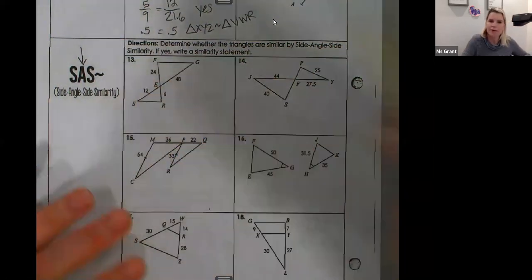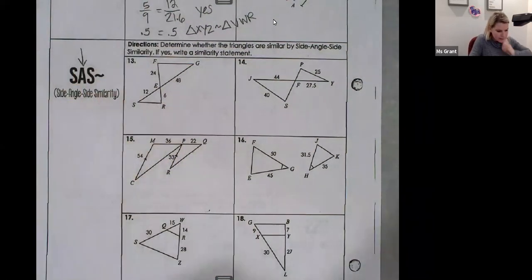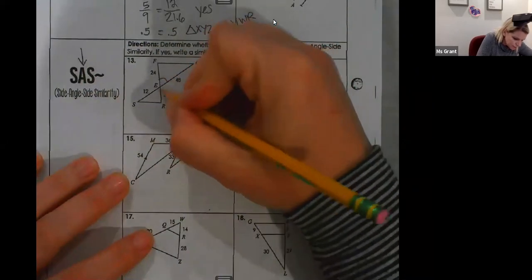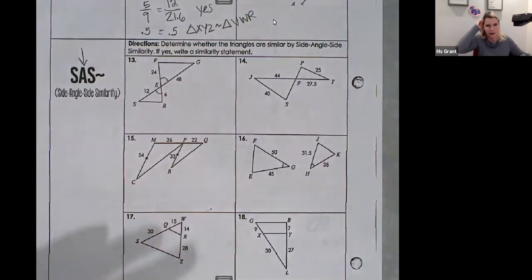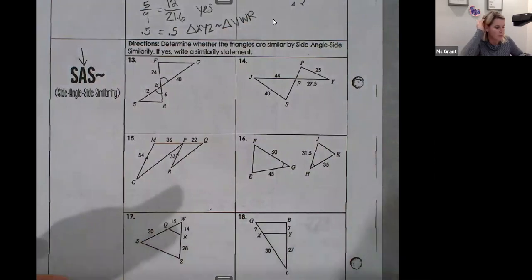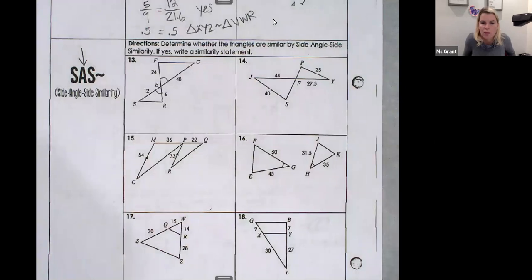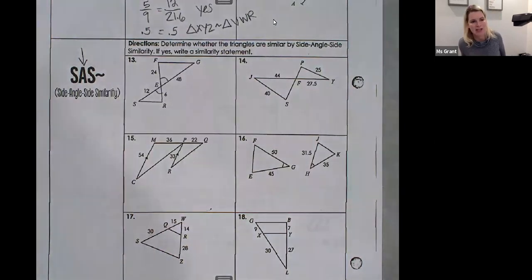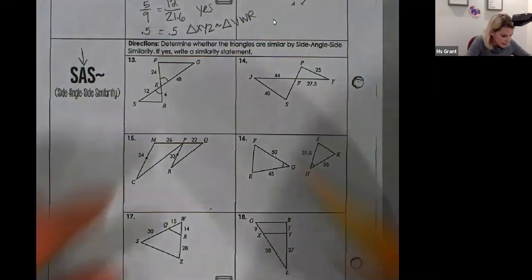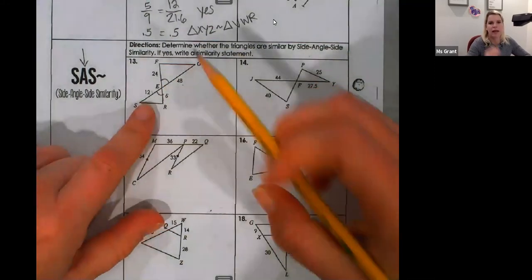So if I look at 13 right now, I can see side angle side. The vertical angle is obviously there. So that looks good so far. So now it's a matter of what side matches what with what? What side matches with what other side? Well, look at, I've got a 6 and a 12, a 24 and a 48.